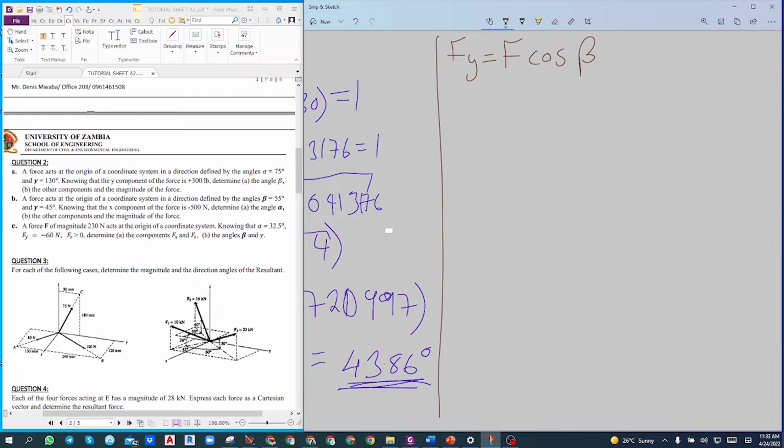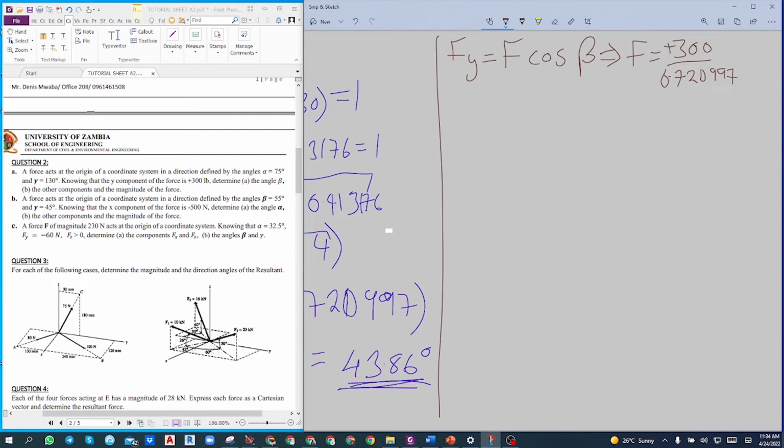So with this, we already have Fy, which is positive 300, and we have beta, and we also have cos beta, which is positive 0.720997. So then I know that this implies that my F is equal to plus 300, which is the Fy, over the cos beta, which is 0.720997.